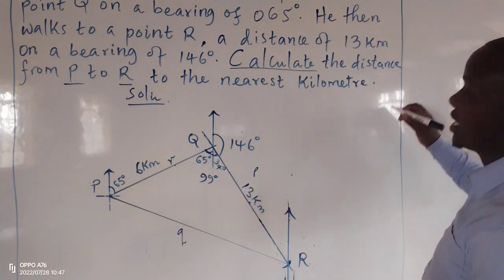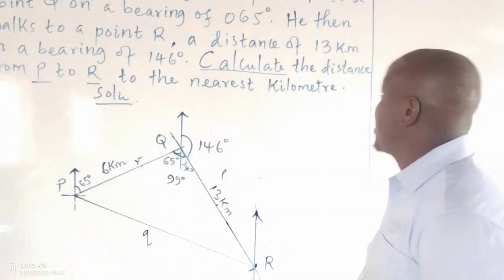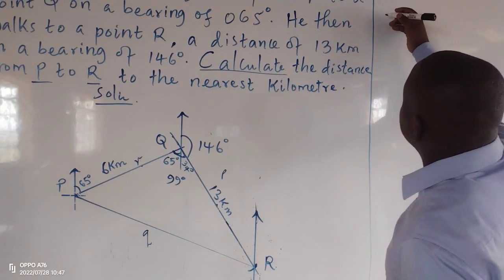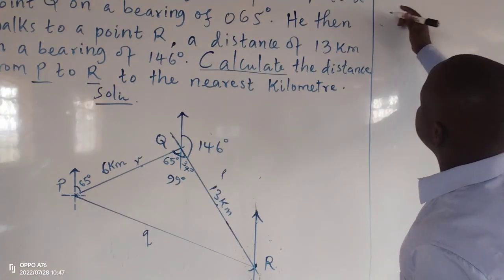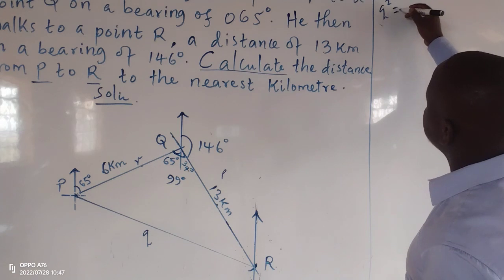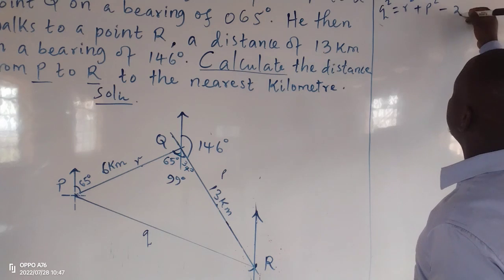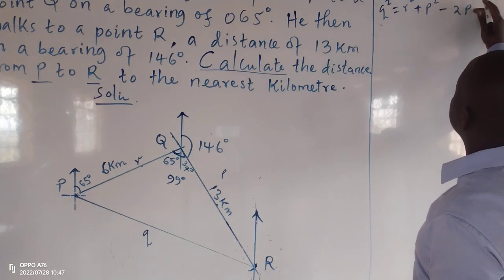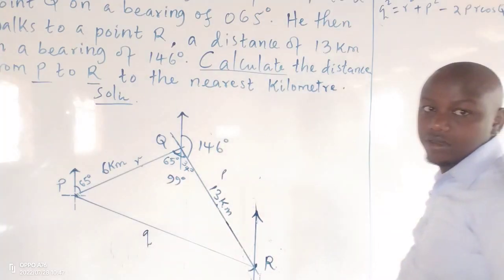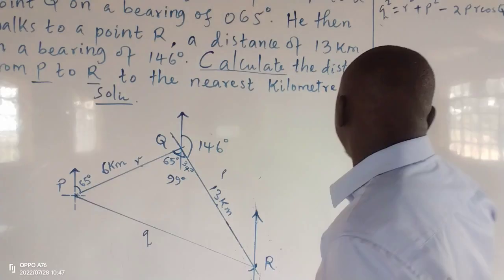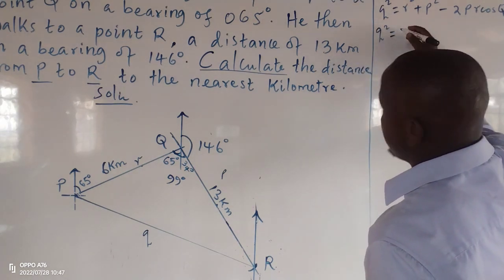So we can talk about the cosine rule, which says that because we want to get Q, then Q squared will be given by R squared plus P squared minus 2PR multiplied by the cosine of the angle at Q. Therefore, with this now we can substitute, whereby Q squared is unknown, but R is known.